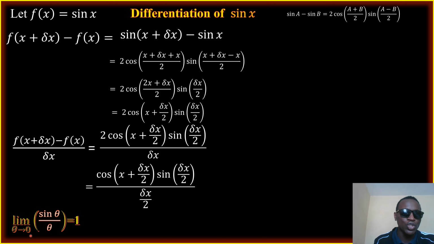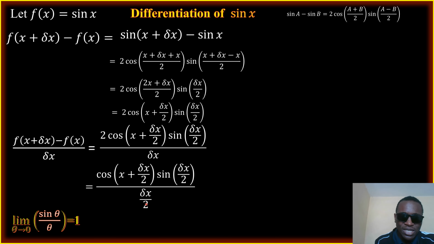Since theta is a small angle, sine theta is exactly equal to what? Theta. Are you seeing that? Theta divided by theta is 1. So the limit of that 1, as theta tends to 0, is also 1, because 1 is a constant. The limit of any constant remains that constant. Nothing changes there.